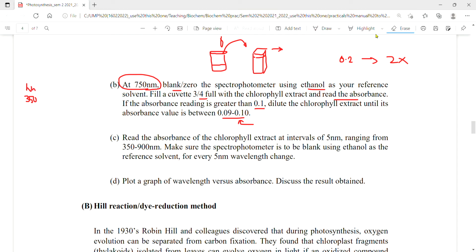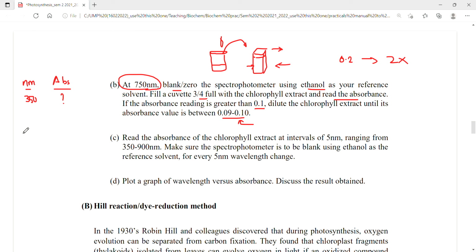Assuming we set it at this wavelength, we again have to blank the instrument to 0, and then again we put this cuvette, which has the chlorophyll extract, into the slot of the spectrophotometer and start reading. So you should have the absorbance reading determined.